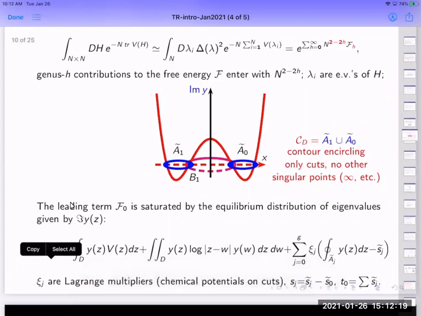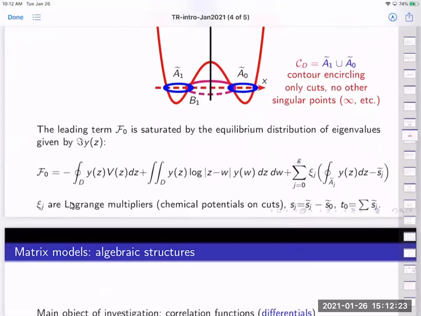It was a question. So all properties of this leading term of the free energy can be derived out of this expression. And what differs it from a standard matrix model?